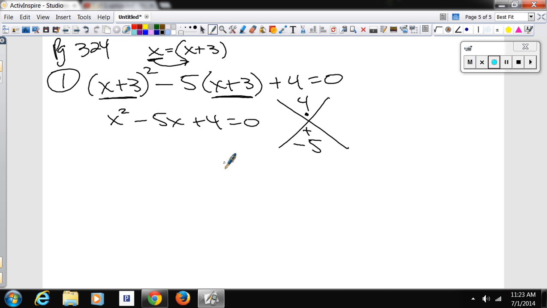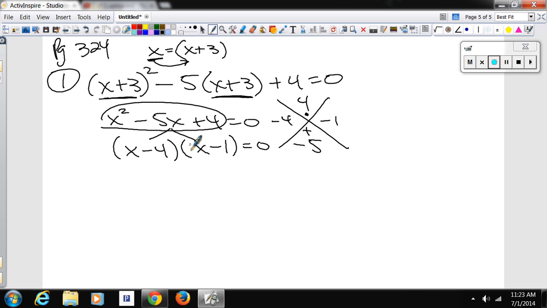Good. So your parentheses would be x minus 4 and x minus 1 equals 0. This right here would break down into those two pieces of the factoring. You would take this and factor it into two pieces. Now, do you remember how to solve something from here? How do we find each answer?